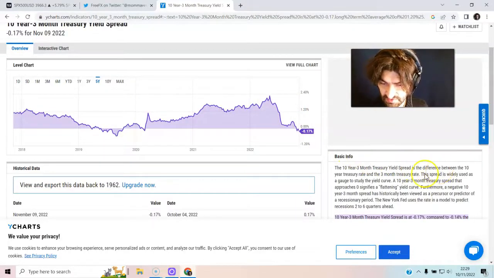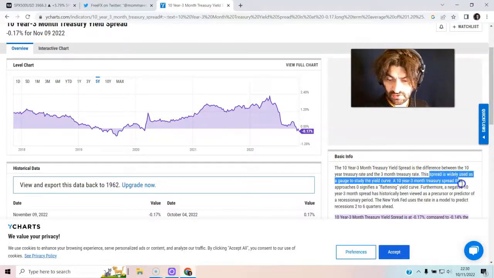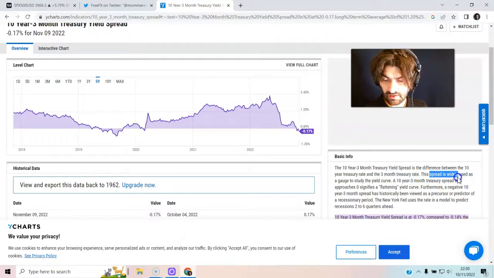So the difference between the 10-year treasury rate and the 3-month treasury rate, the spread, is widely used, I'm reading here, as a gauge to study the yield curve. When it approaches zero, a flattening yield curve, a negative 10-year to 3-month spread has historically been viewed as a precursor or predictor of a recessionary period.